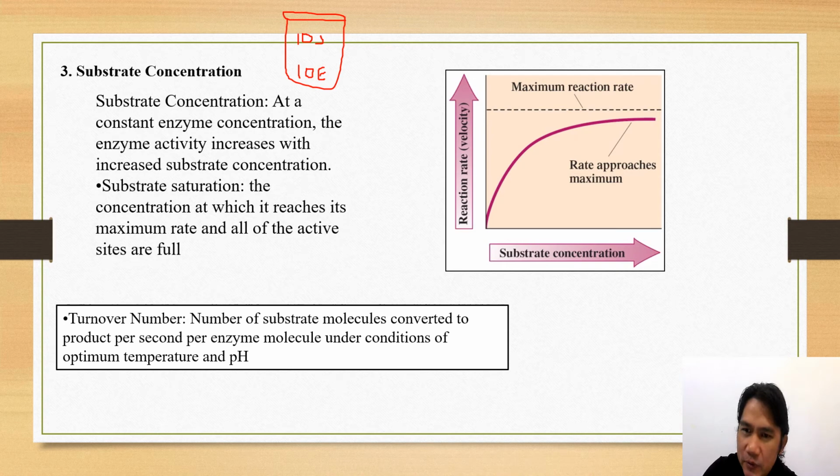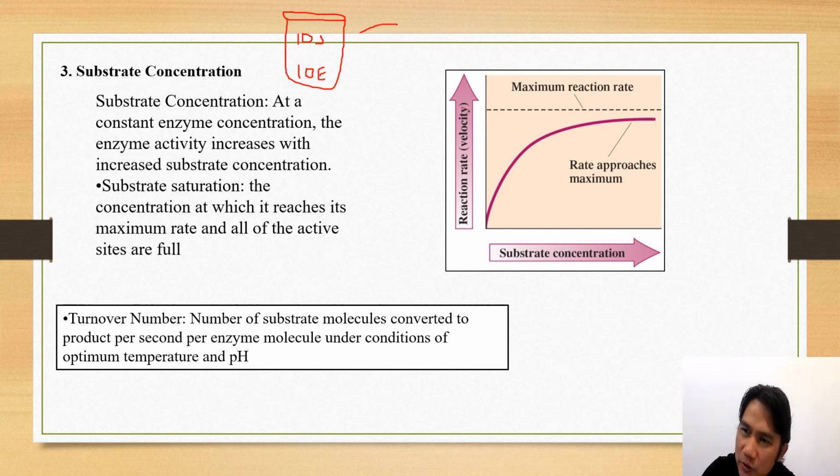At a constant enzyme concentration, the enzyme's activity increases with substrate concentration. For example, you have 10 particles of enzymes in the container.